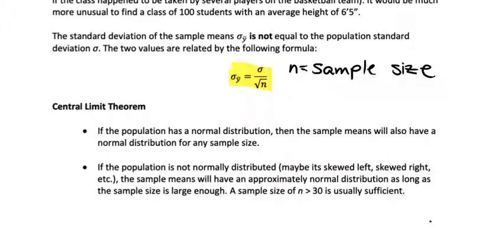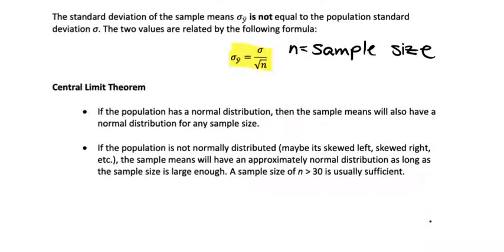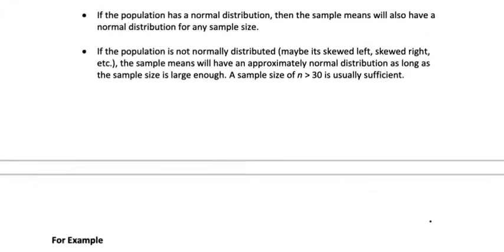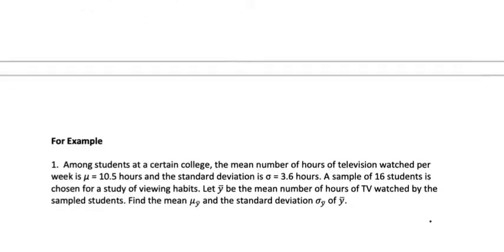So what this means is that I'm going to use the normal distribution in calculating things in Minitab, even if I don't know if the population itself is normally distributed, as long as I have a sample size greater than 30, which in these problems is generally what we're going to have.